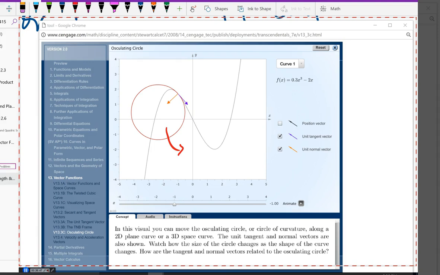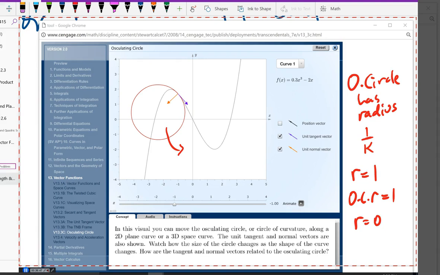So the osculating circle has radius 1 over k. In other words, if the radius is 1, the osculating circle also has radius 1. If the radius is 10, remember the curvature was smaller, then the osculating circle radius would be 10, with curvature 1 over 10.